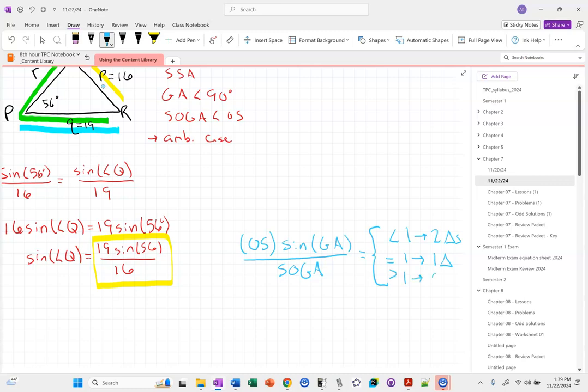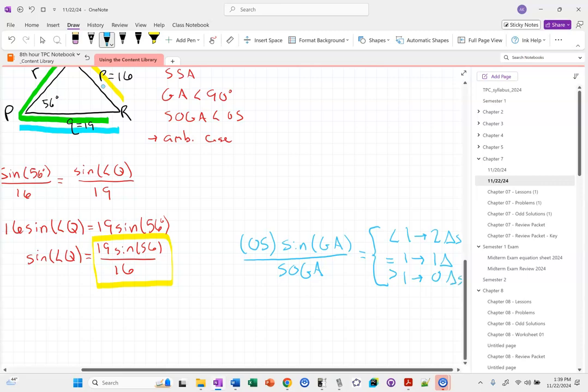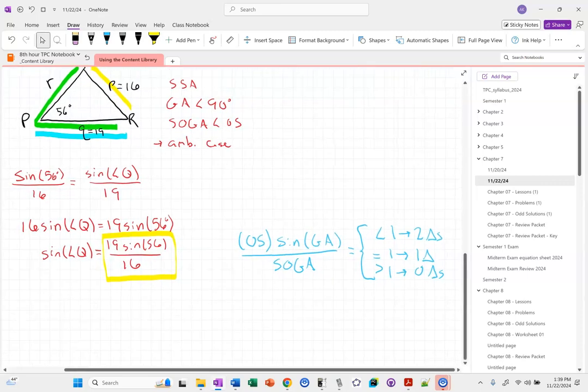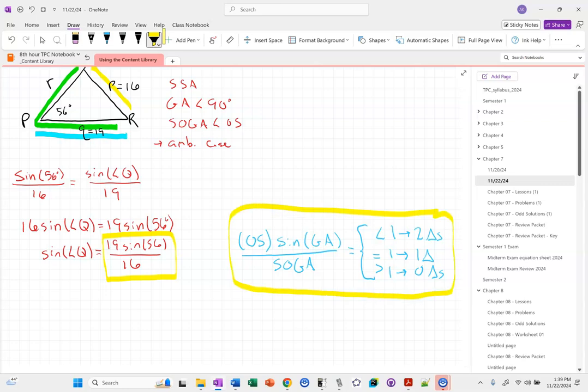And if it's greater than 1, that's going to be 0 triangles. So anytime you stumble into the ambiguous case, you go straight into that formula to tell yourself how many triangles we're looking for. So let's check now for ours.